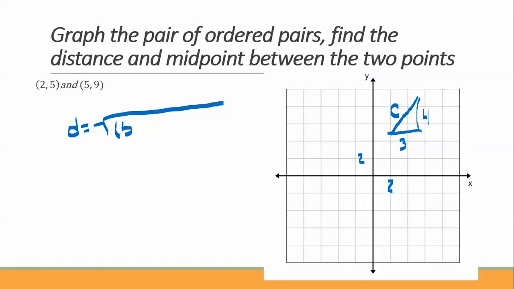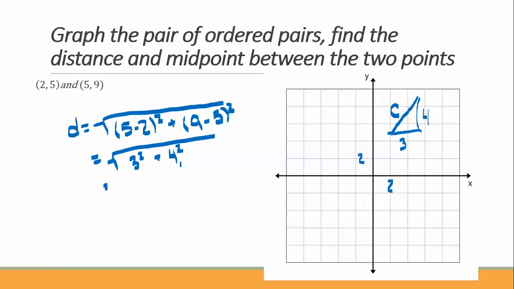So we're going to do 5 minus 2 squared plus the difference of the y values, 9 minus 5 squared. So that's equal to the distance. Distance equals the square root of 5 minus 2 is 3 squared plus 9 minus 5 is 4 squared.